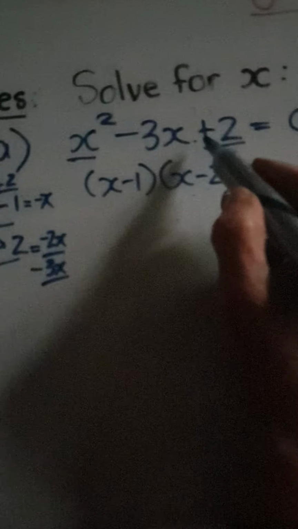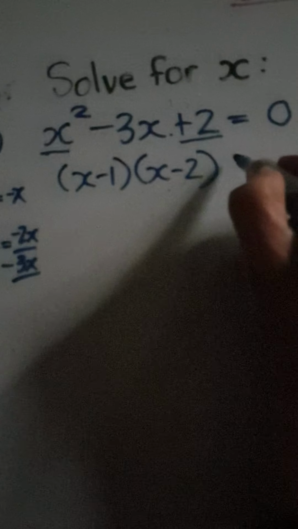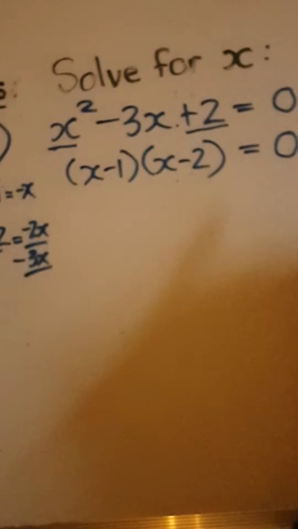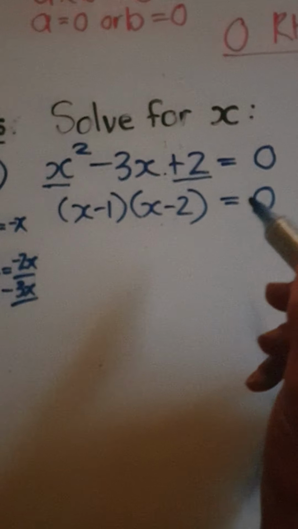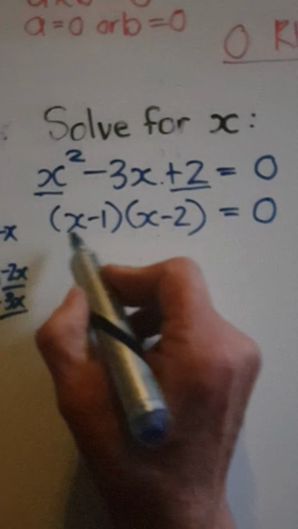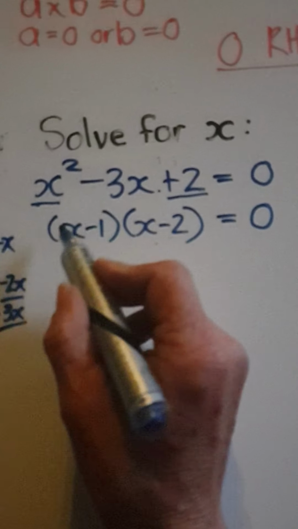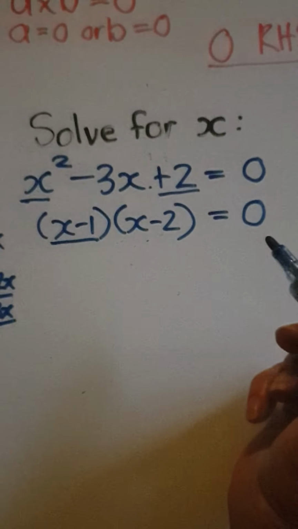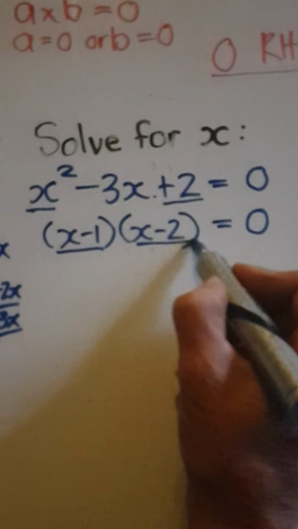If I multiply x minus 1 with x minus 2, I get my quadratic expression, and that product must be equal to 0. So now basically my equation is solved, because for this to be true, either this bracket must be 0 or that bracket must be 0.